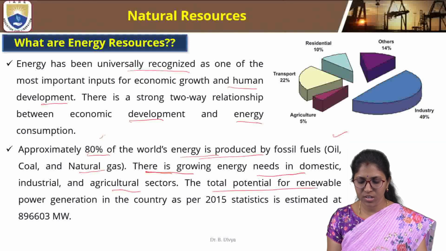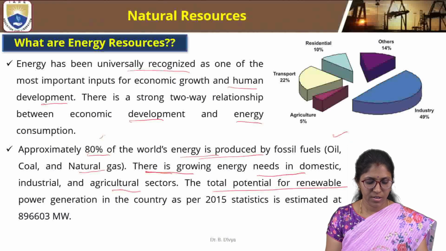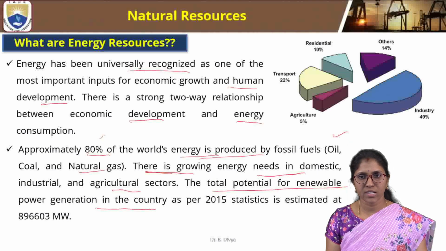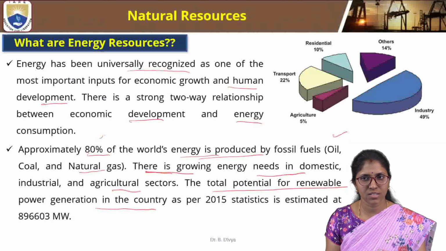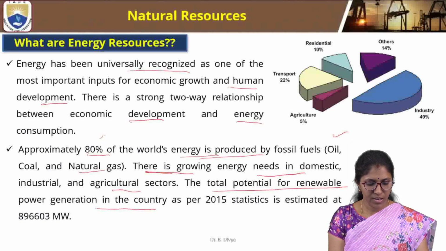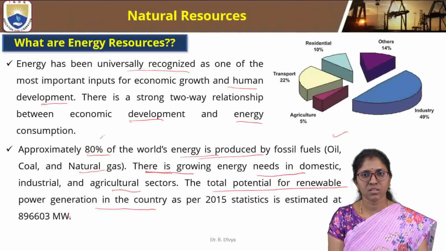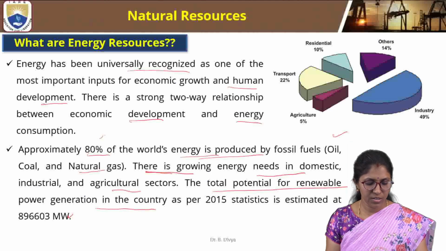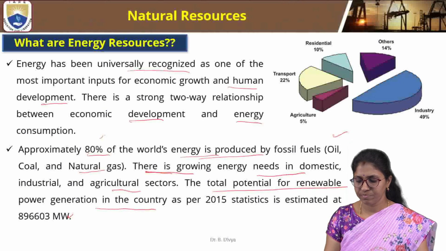The total potential for renewable power generation in the country as per 2015 statistics is estimated at 8,96,603 megawatts.